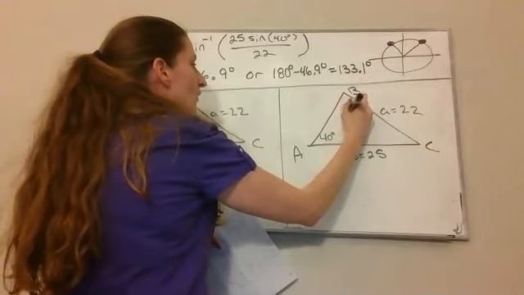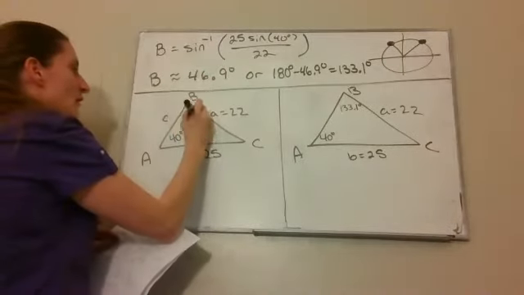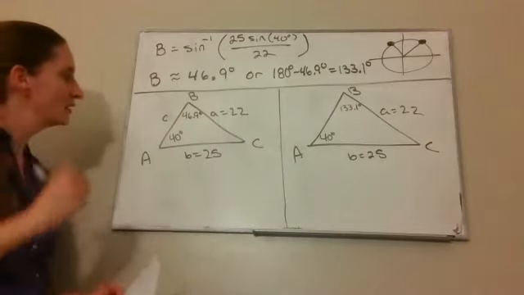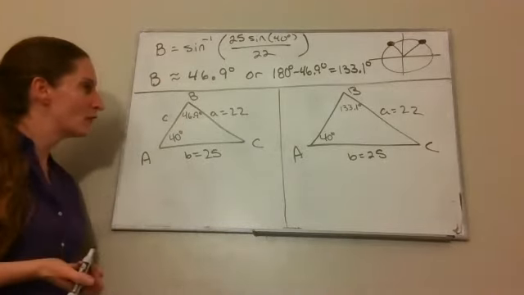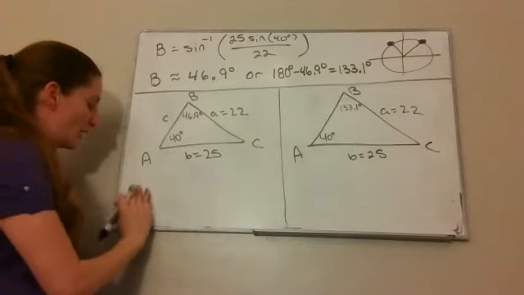This one I'm going to use 133.1 for my B, and this one I'm going to do 46.9 for my B. Now for both of those, we can figure out angle C based on just subtracting from 180.